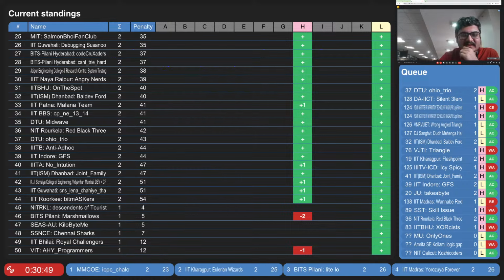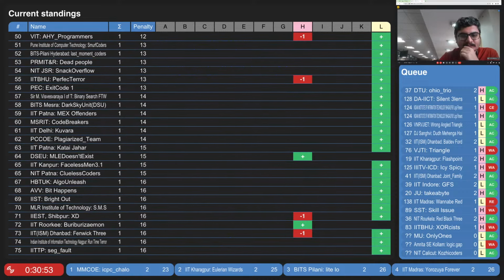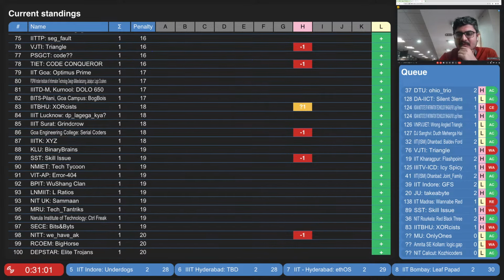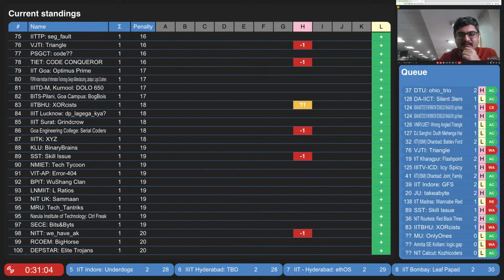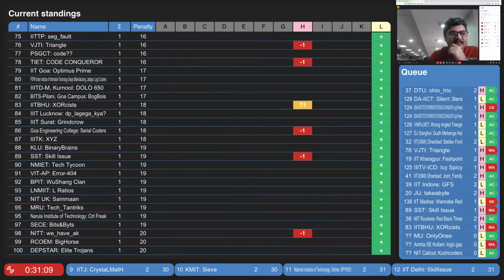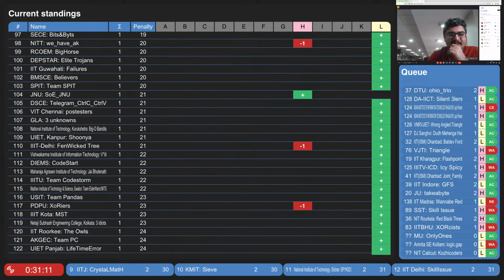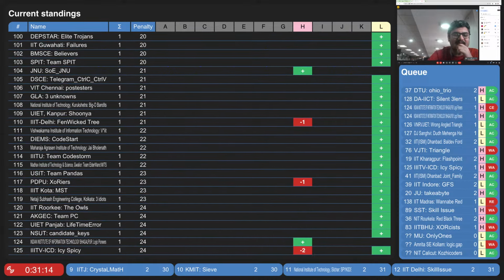Looking at the standing right now, around 70 teams have solved two problems, and around 175 teams are visible on the scoreboard. Among them, around 170 teams have already solved the first problem. The first AC of the contest was by team Descendants of Tourists from NIT Rourkela.